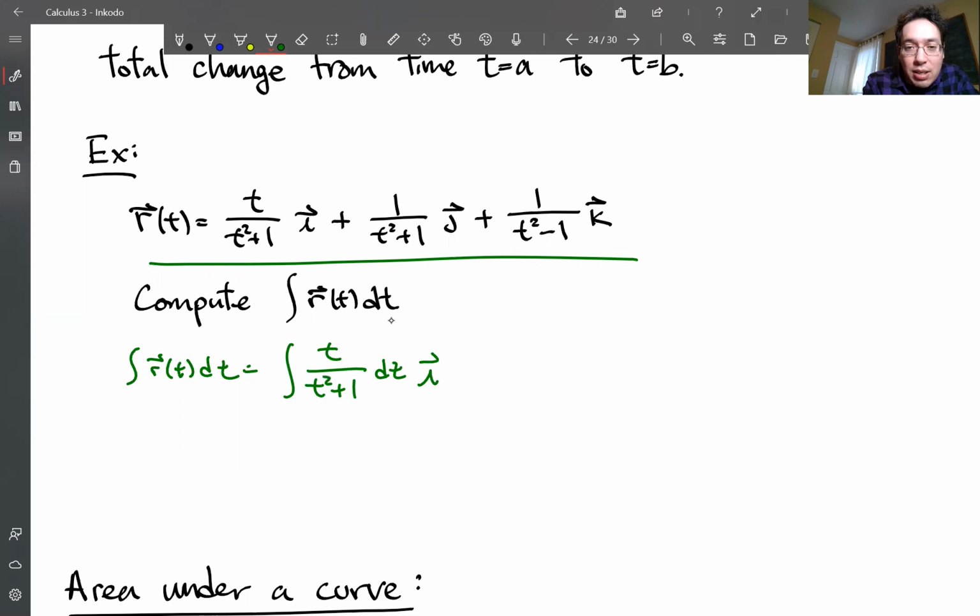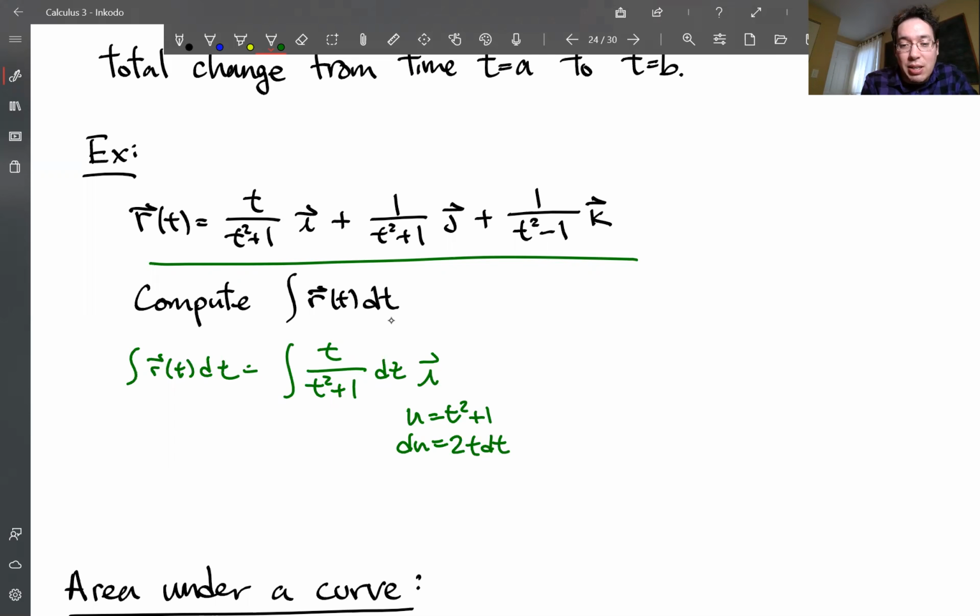And you can pull out the vector base like i away from the integral. So you're just doing the integration in the components. Okay, so for this integral, the way to do it would be a u substitution, because if you take the derivative of the bottom denominator, then we don't have 2t dt in the top, but we have t times dt on the top.